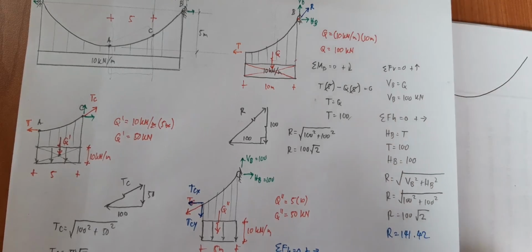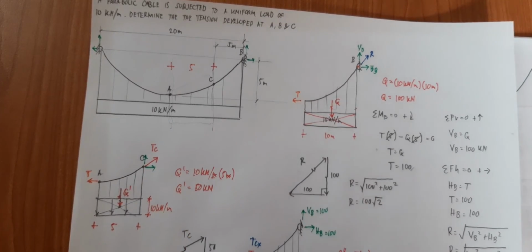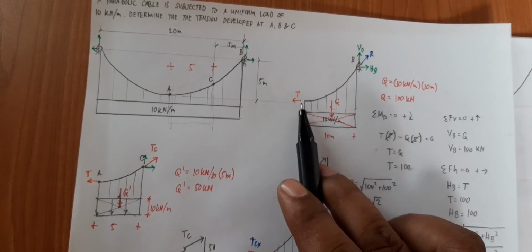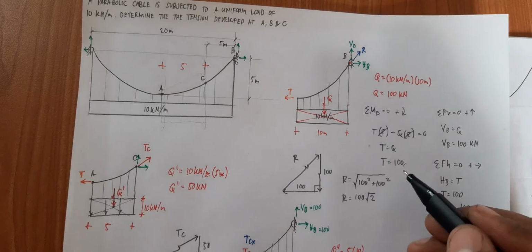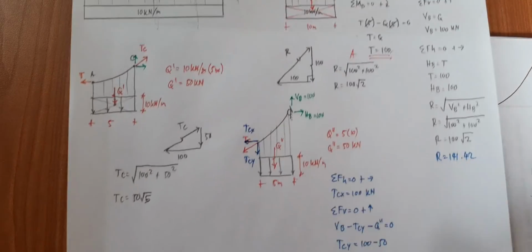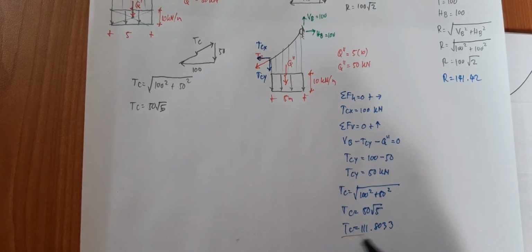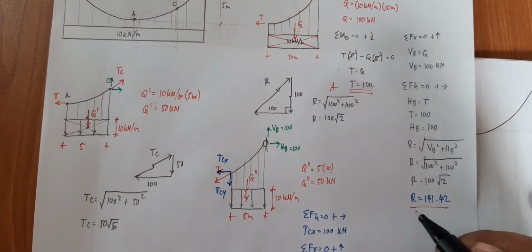That is 141.42. So comparing the three points A, C, and B, A has a tension T of 100. C has a tension of 111. And then B has a tension of 141.